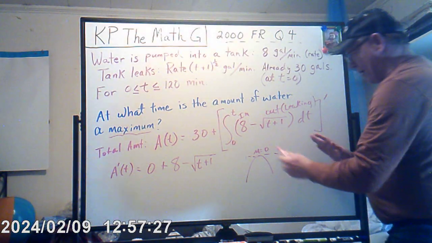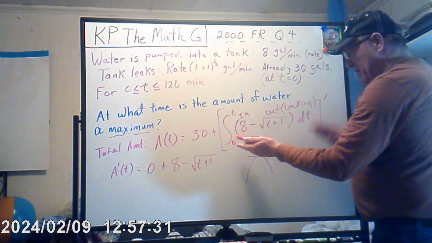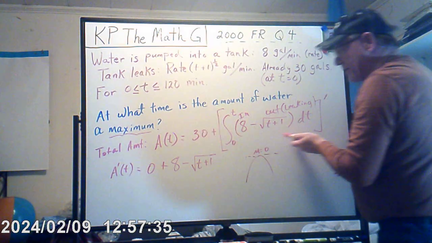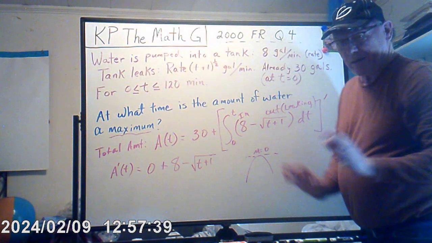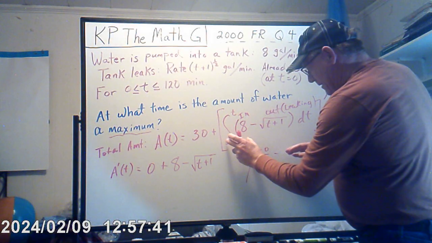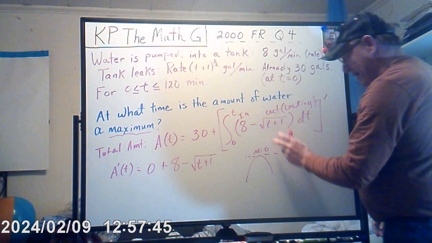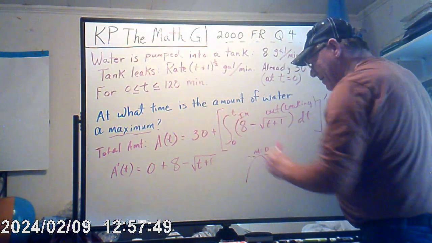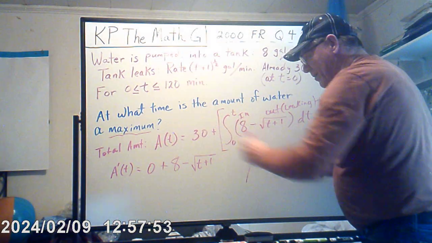Once you get this total amount, you already started off with 30 gallons, just to make it clear. This is the rate that it's going in, and this is the rate that it's leaking. So when you take the antiderivative, you have the total amount of water that's in the tank.